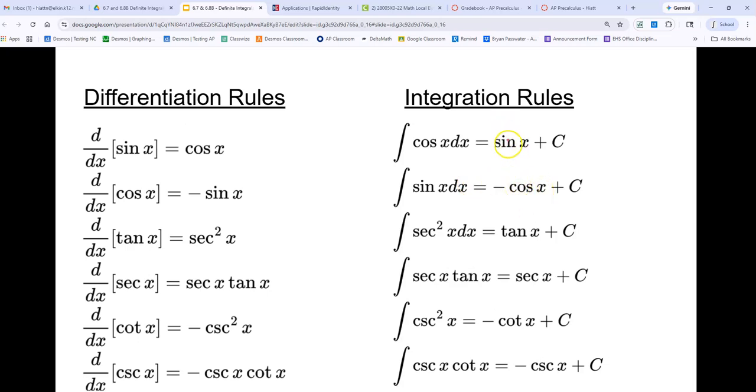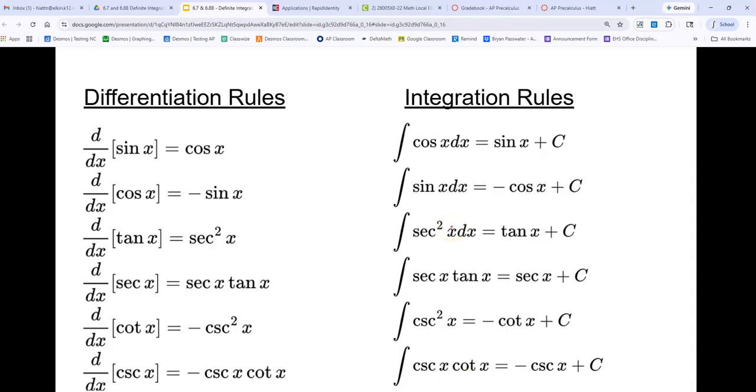Those two you're for sure going to see. Got to know those well. Then these are less likely to show up. Notice that we can only really integrate secant squared, secant x tangent x, cosecant squared, and cosecant x cotangent x. Like, I can't integrate tangent.